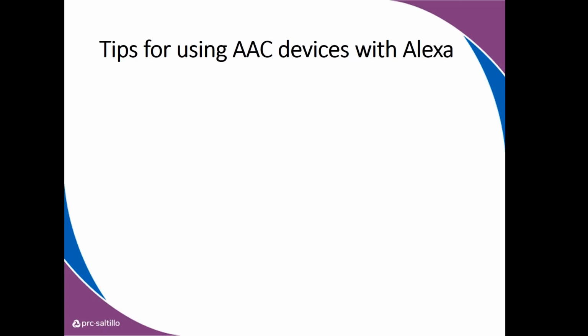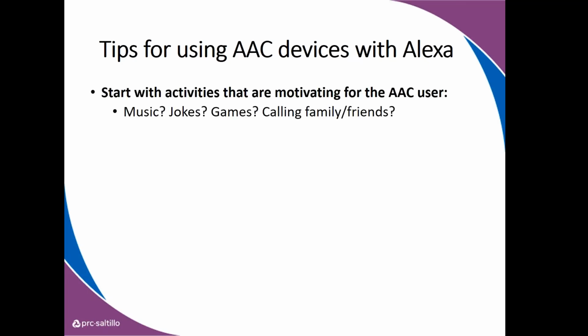Start with things that are motivating, right? So music, jokes, trivia games, or you can make Alexa talk like Pikachu or Yoda and do something silly. You can also use Alexa to call your family and friends and have them speak through Alexa. Alexa goes through your smartphone, because remember you put that app on the smartphone?